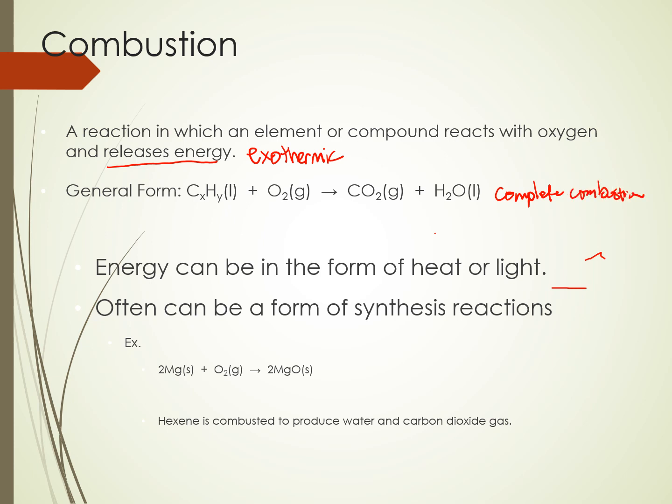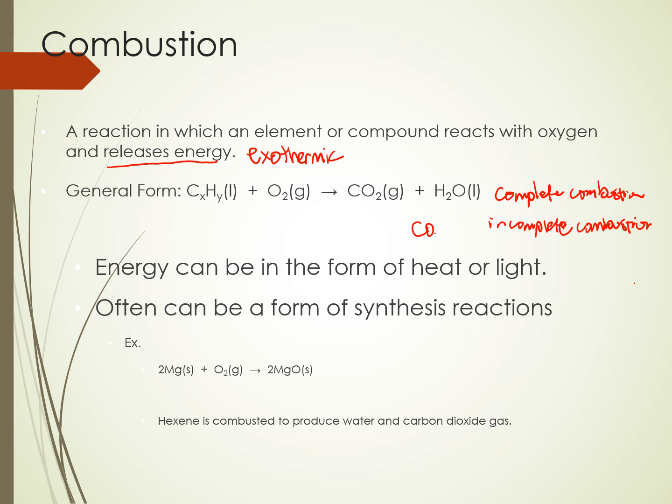And if we have an incomplete combustion, we have a lack of oxygen, and so instead of having CO2 form, you would have carbon monoxide instead. So you have fewer oxygens involved in those reactions, so you have CO that would form instead of CO2.